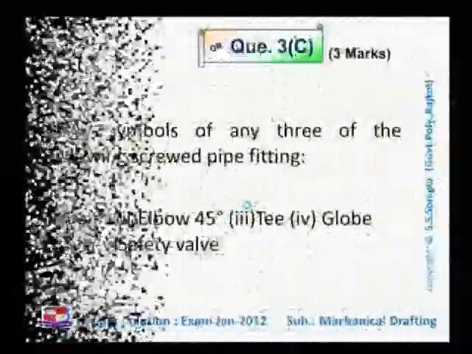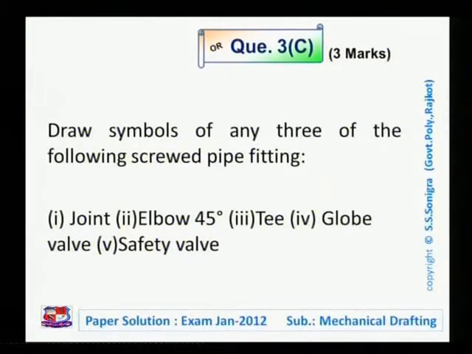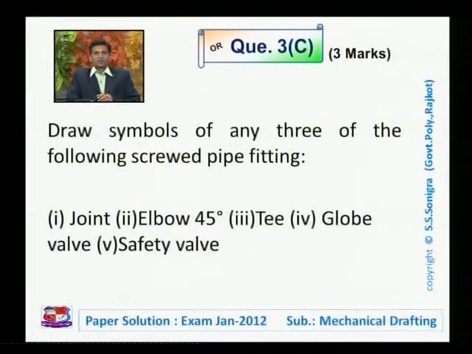Next question. Question number 3B, asked for 3 marks. Draw symbols of any 3 of the following screwed pipe fittings. Take care here. Here the symbol which is needed to draw is screwed pipe fitting. In many examinations, the examiners ask about flanged pipe fitting.